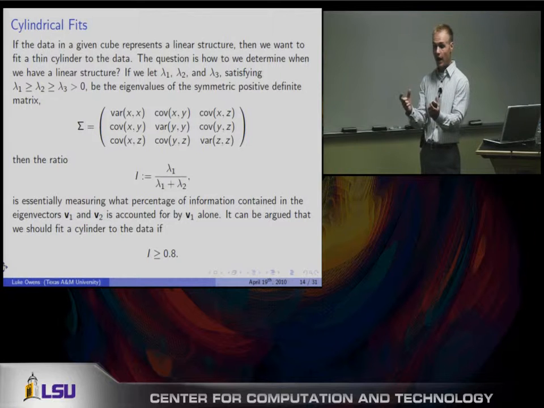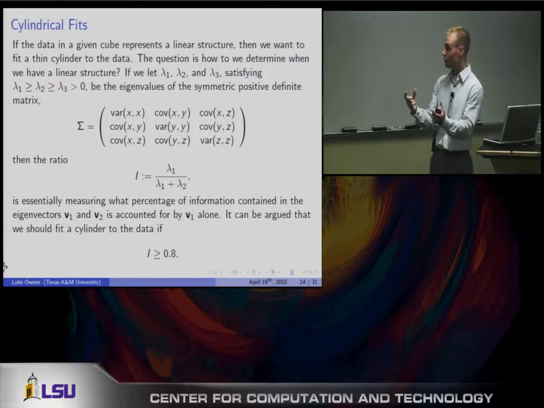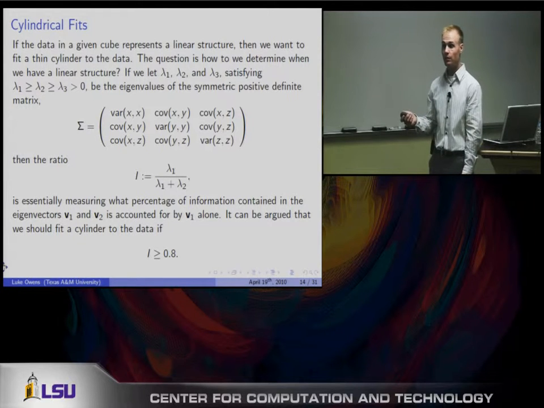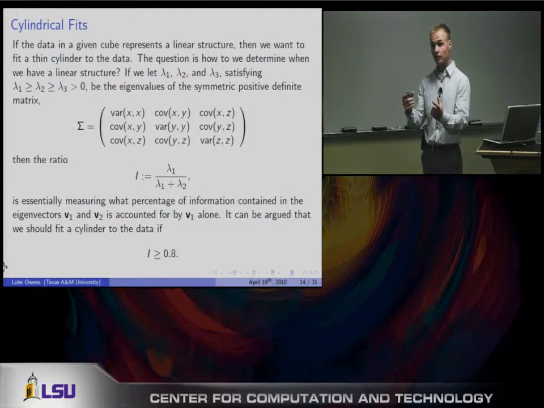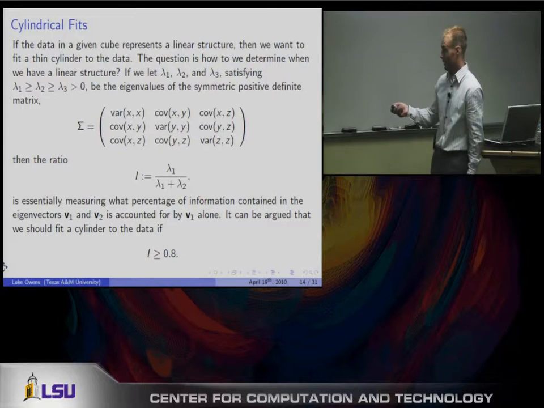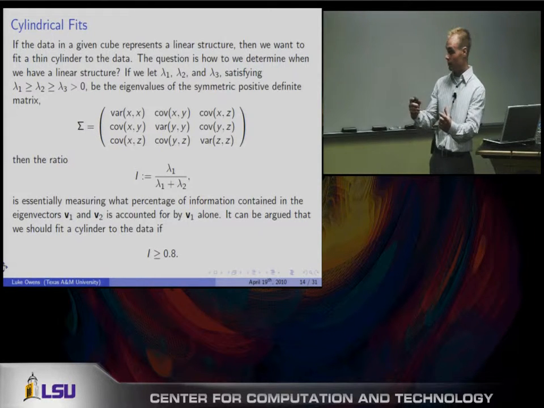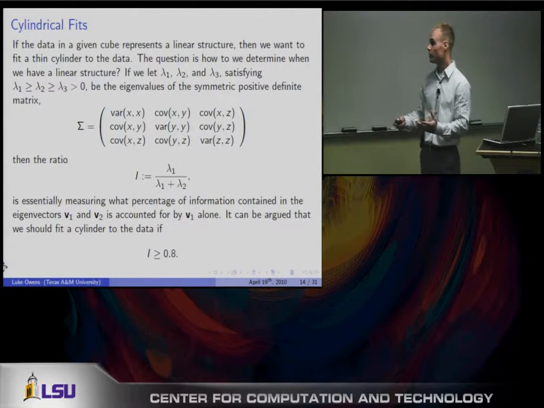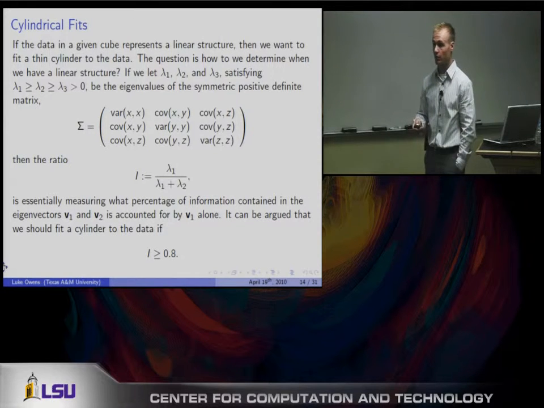Then we take that example data set and do this PCA analysis on it, and in that case we got a value of 0.08 here. So if it's more linear than that case, we fit a cylinder. If it's less, then a plane is probably a better fit.